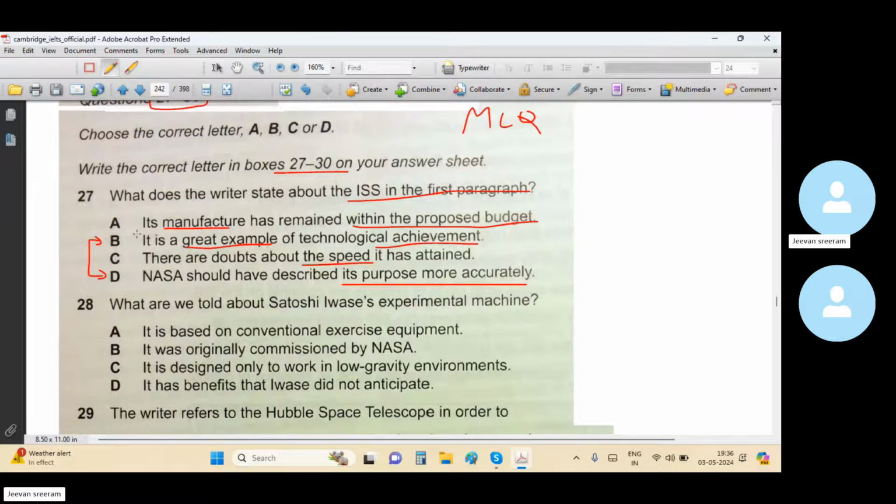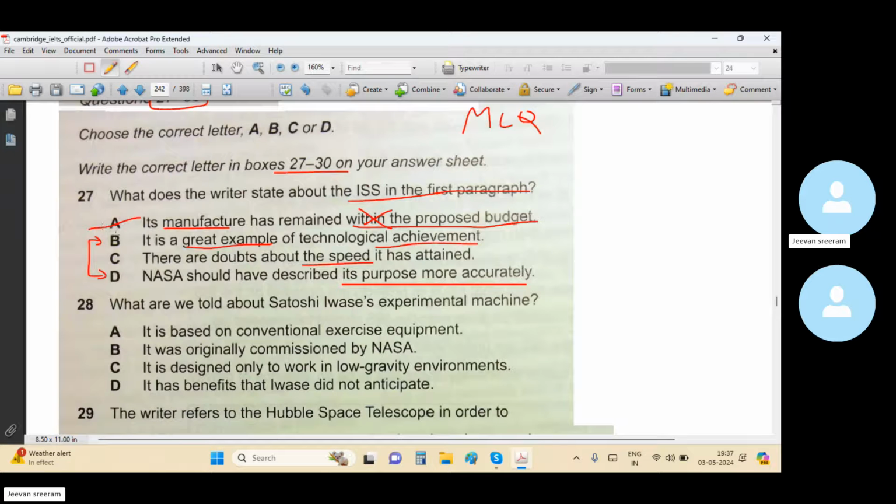Right. So the first answer choice, its manufacture has remained within the proposed budget. Is it really the author's main idea in describing the first paragraph? No. The passage says it has gone through 150 billion, right? But it doesn't say in the first paragraph if this was over or under budget. So we don't know if it stayed within the budget as per the first paragraph.